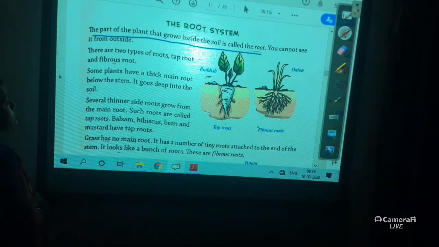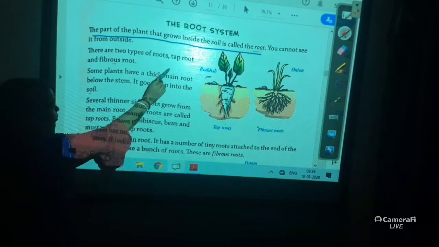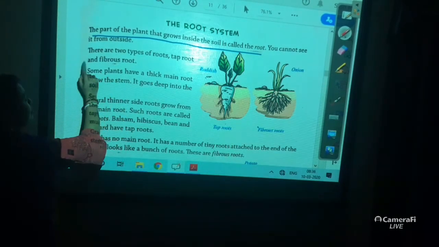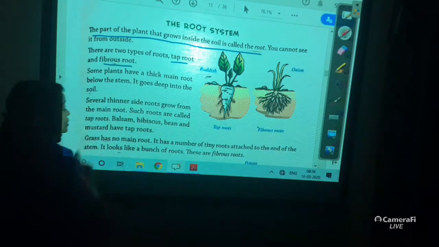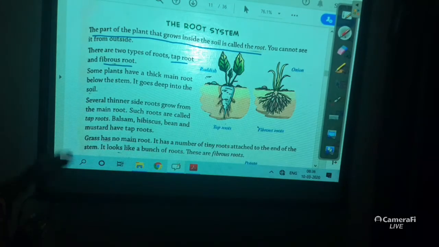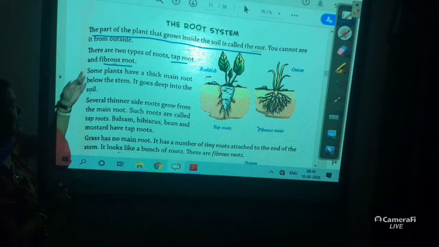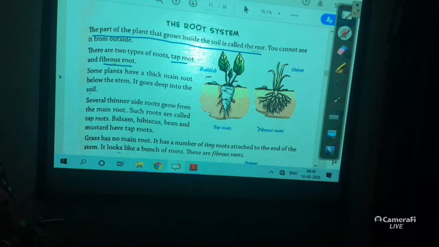There are two types of roots. One is taproot, another one is fibrous root. So, how many types of root? Yes, there are two types of roots. One is taproot, another one is fibrous root.